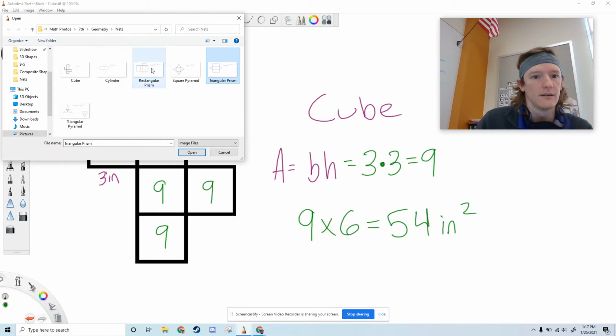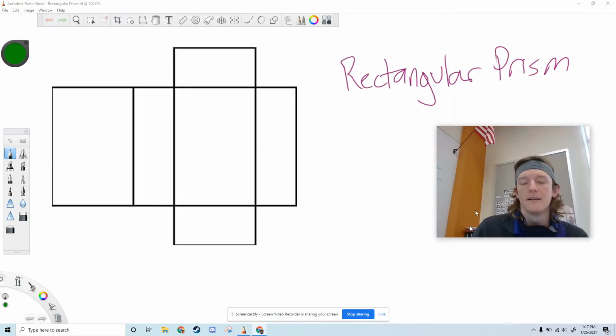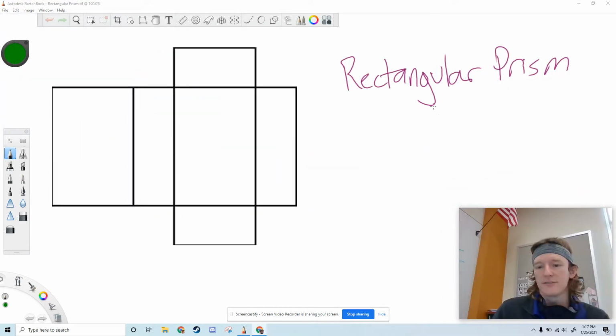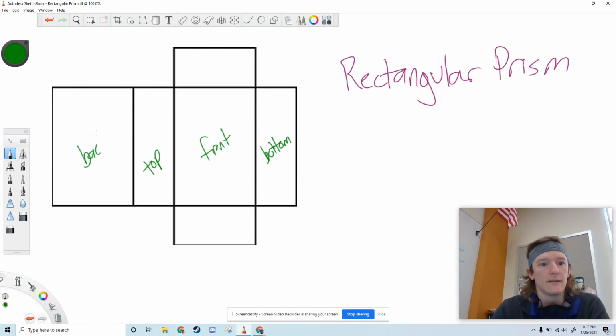Rectangular prism. We learned what a rectangular prism is all the way back in kindergarten. A rectangular prism is like my lunchbox. My lunchbox has a top and a bottom. So this might be the top and the bottom. This might be the front and the back. Remember, those are the same area.